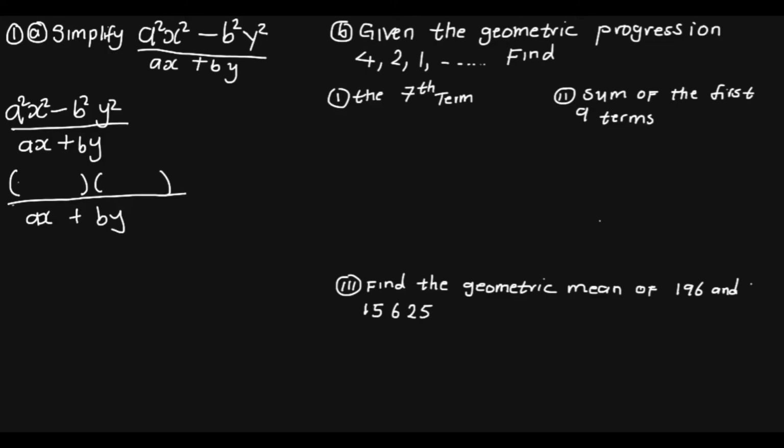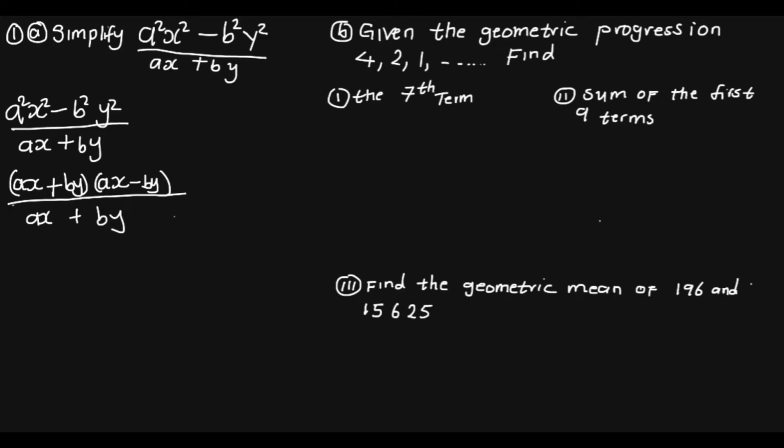We have one a in the first bracket, then the other one in the second. Then we do the same for the remaining terms: x, one with a positive sign and the other with a negative sign, then b, y, and y. So now we are done factorizing.